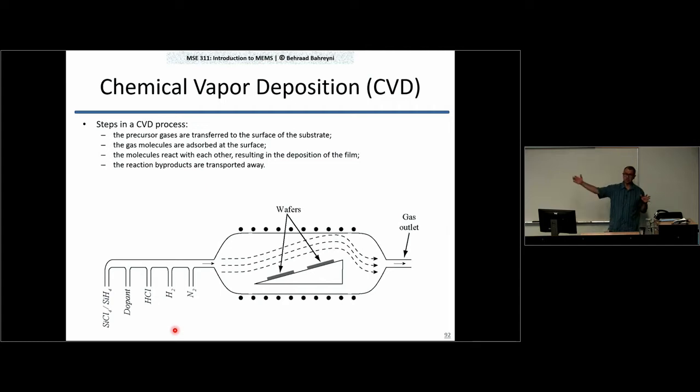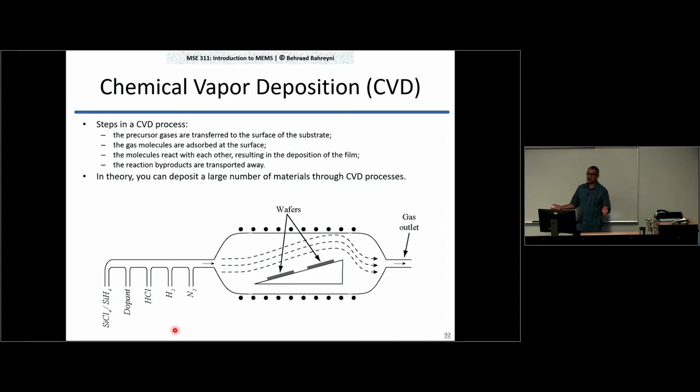This is usually through a constant flow of gases. So you basically let gases come into your chamber at certain rates, and you keep removing the byproducts from the chamber. In theory, you can now deposit anything you want on the surface of your substrate. As long as the chemistry is right, you should be able to deposit anything you want.